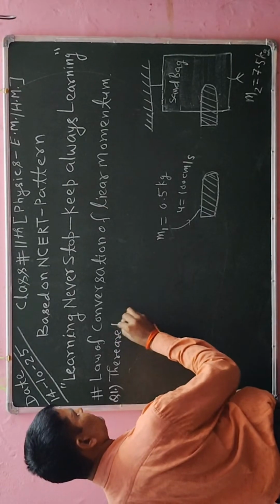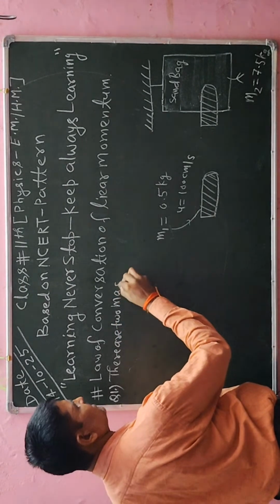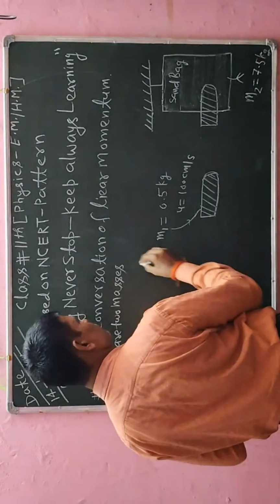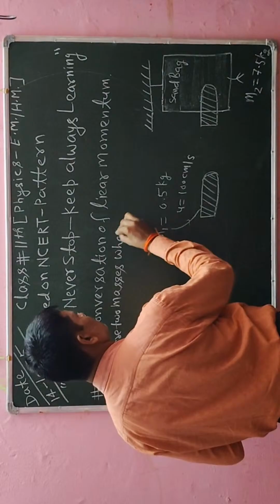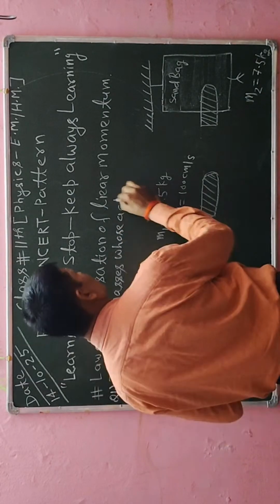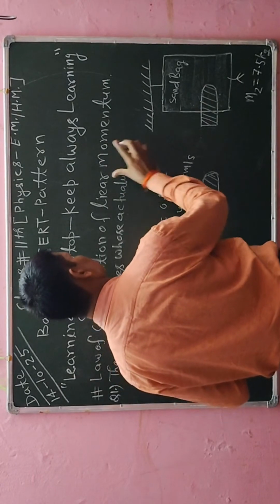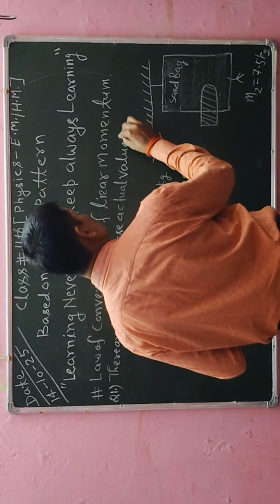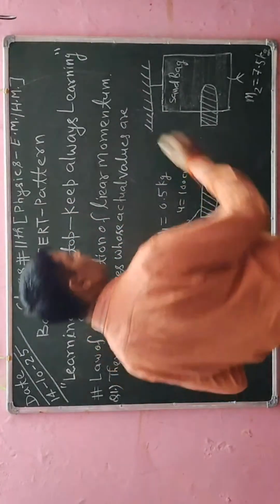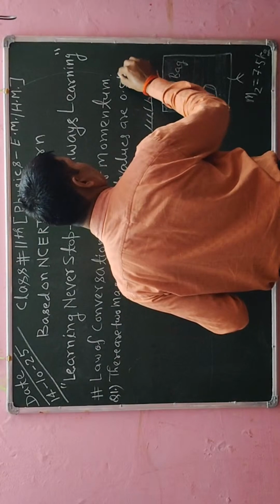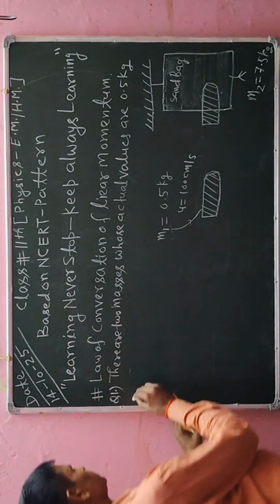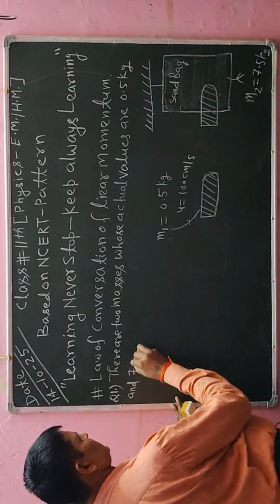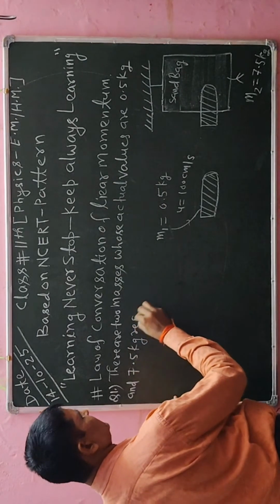There are two masses whose actual values are 0.5 kg and 7.5 kg respectively.